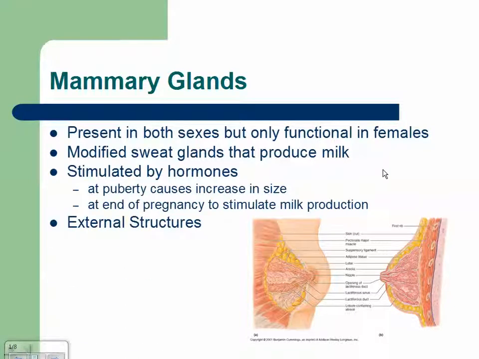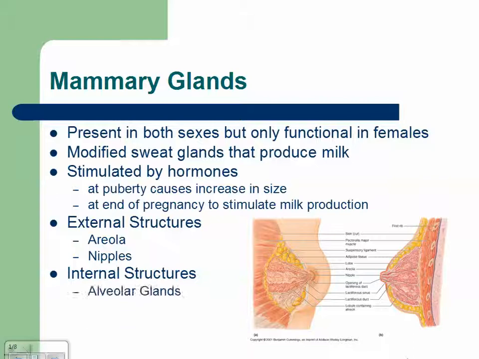Okay, so the external structures that you'll actually see are the areola, which is sort of the more pigmented, tougher skin area that surrounds the nipple, and then the actual nipple, which is the exit for the milk. The internal structures are where the milk's actually being made and released. So there are alveolar glands, and they're sort of clustered in these lobes.